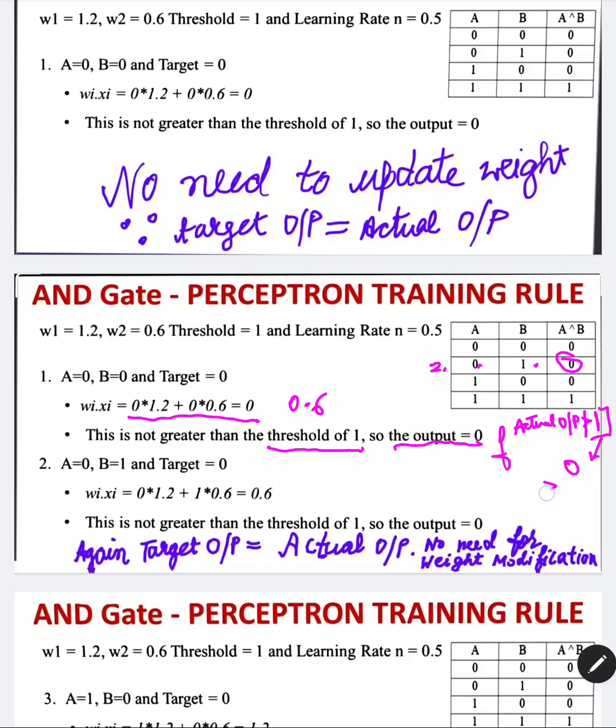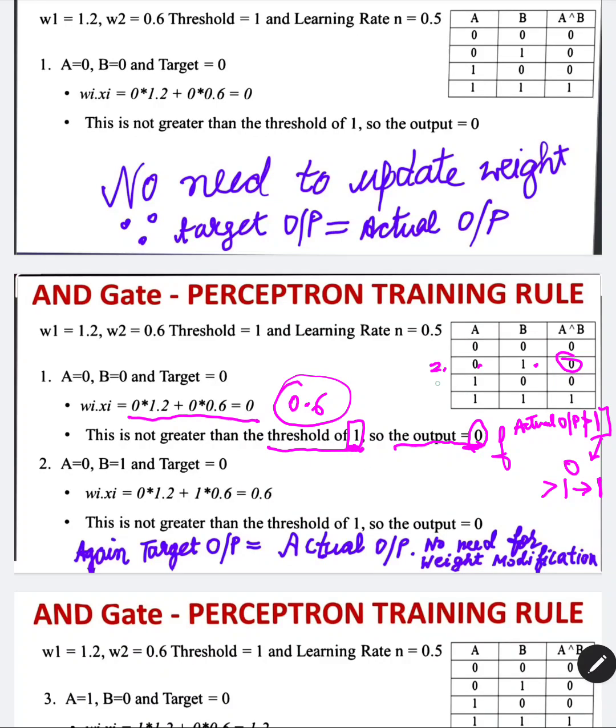If it is greater than 1, then the output is 1. Now we got 0.6, and 0.6 will be considered as 0 because the threshold value is 1. Since it is less than the threshold, the output will be considered as 0. If it had been greater than 1, the output would be taken as 1.